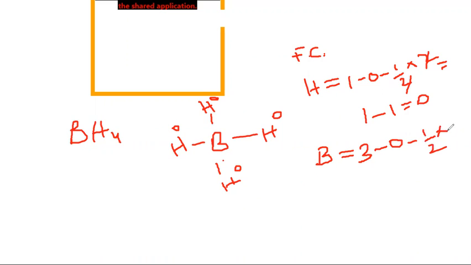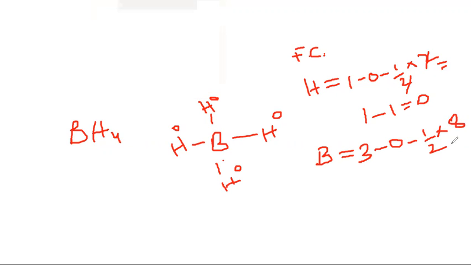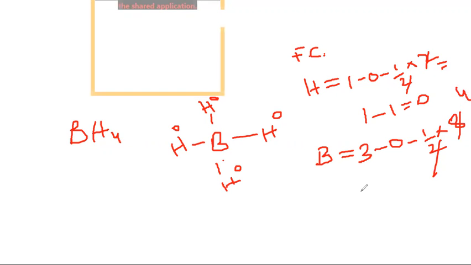And how many bonding electrons are there? Boron is bonded to 4 hydrogen, 1, 2, 3, 4. There are 4 bonds. That's why the electrons would be 8. Now you just simplify this to 4, and the rest of the answer would be 3 minus 4, which will be equal to minus 1. And that's why this boron has a formal charge of -1.